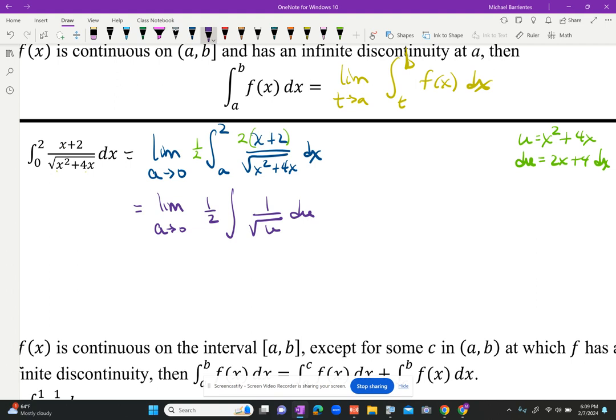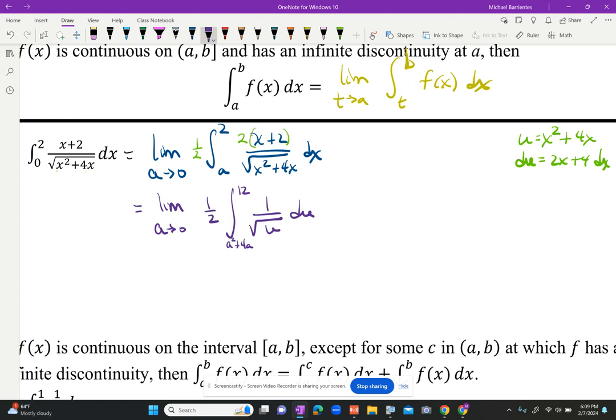And while we're at it, we can also replace the top and the bottom limits, right? I can substitute this x value into the u formula, and I'll get 2 squared plus 4 times 2, which I believe is 12. And I can substitute the bottom limit into the formula, and I'll get a squared plus 4a. Okay, I think I got it. But now I need to find the antiderivative.